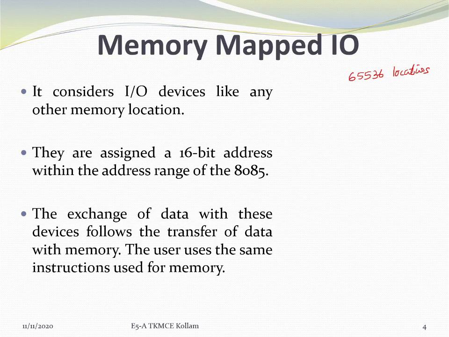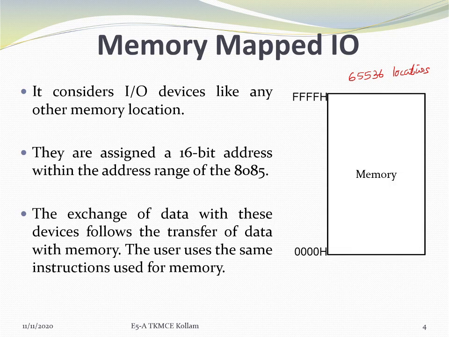Why? Because in this scheme, I/O device is also treated as a memory. So this is the total address range, that is 0000H to FFFFH, that is 64K. How many locations are there? There are 65536 locations.